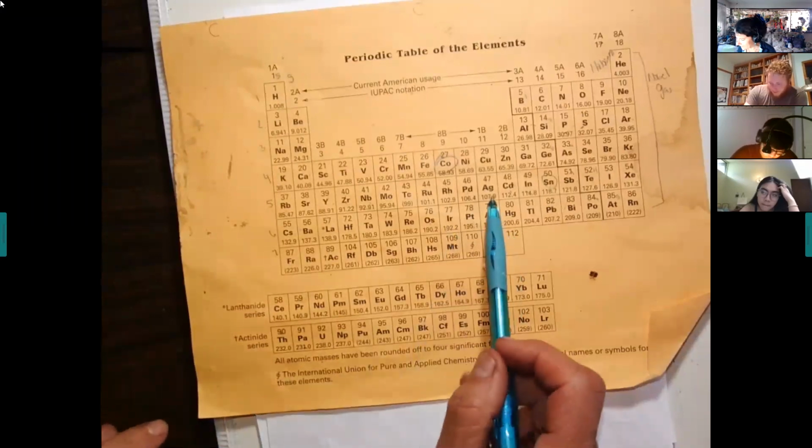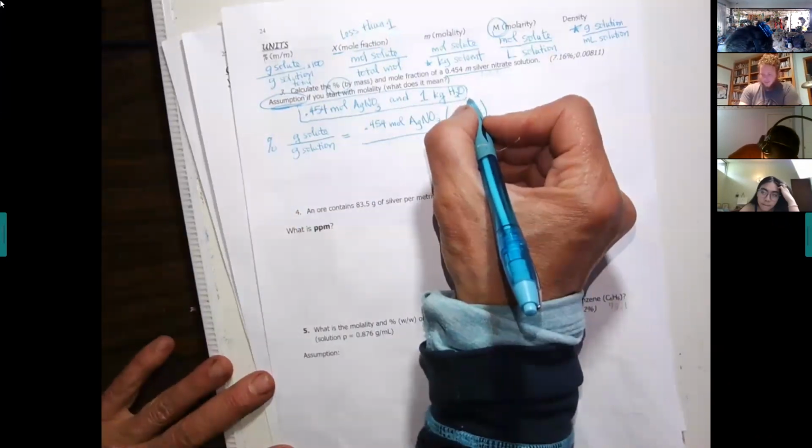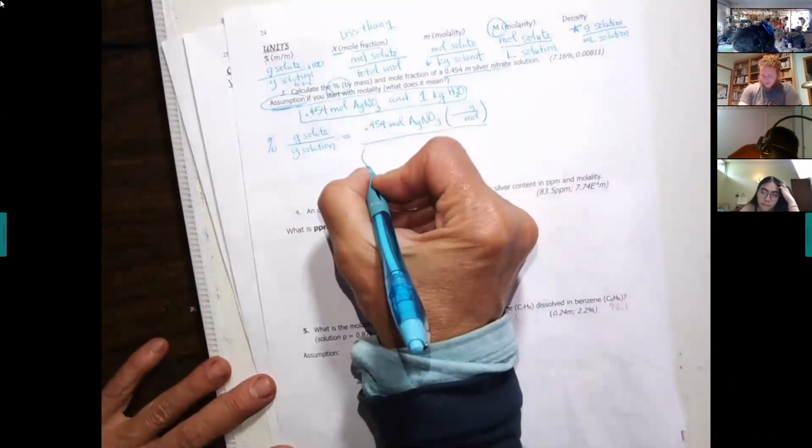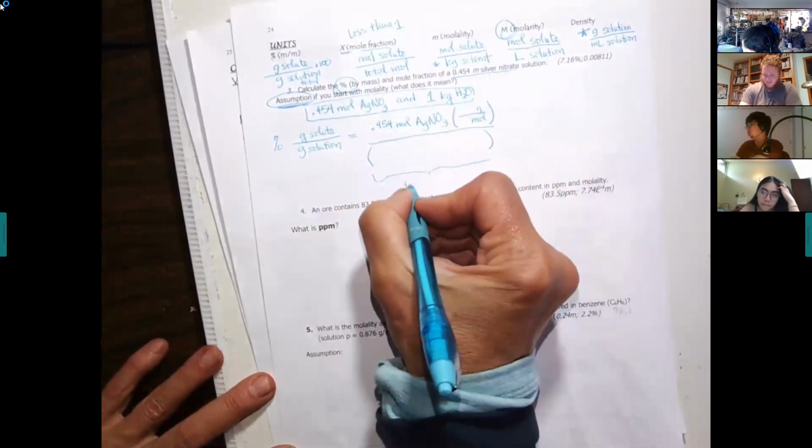You guys know how to add up the silver, the nitrogen, the oxygens. You add them up. I already did it for us. So you would change your moles to grams. I'll leave it for you guys to do. And then on the bottom, this is the part that's interesting. Oh, we have to do this step. Dang it. Because on the bottom, we need the total mass.